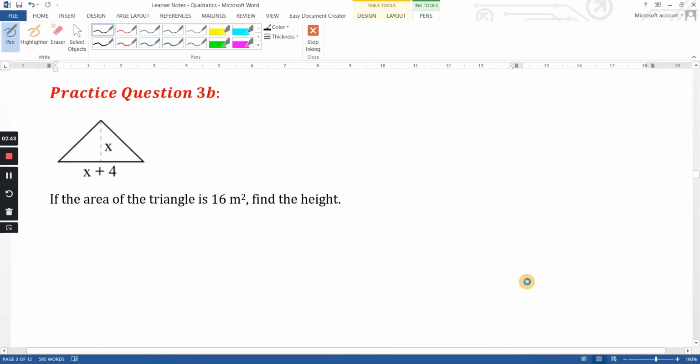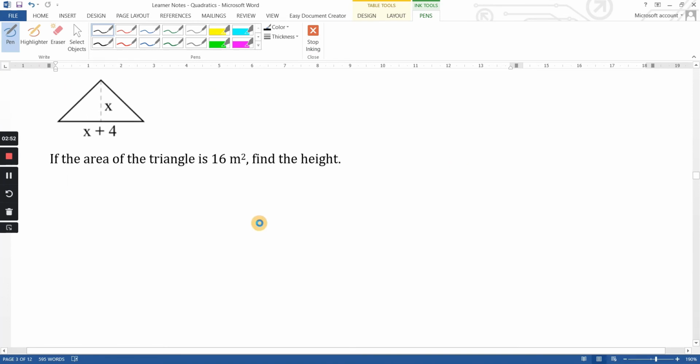Next one: if the area of a triangle is 16 meters squared, find the height. Okay, so again, let me just check. 4 marks for this. Let's write it down here. So area of a triangle is base times height divided by 2. Hopefully you guys know that.